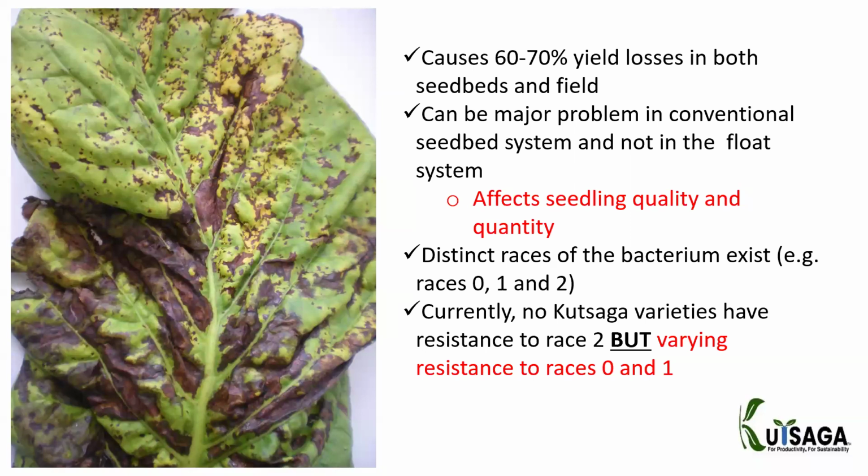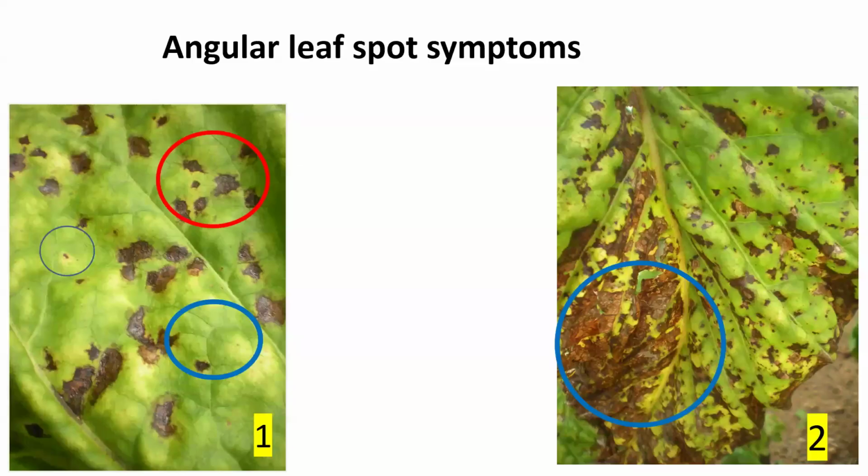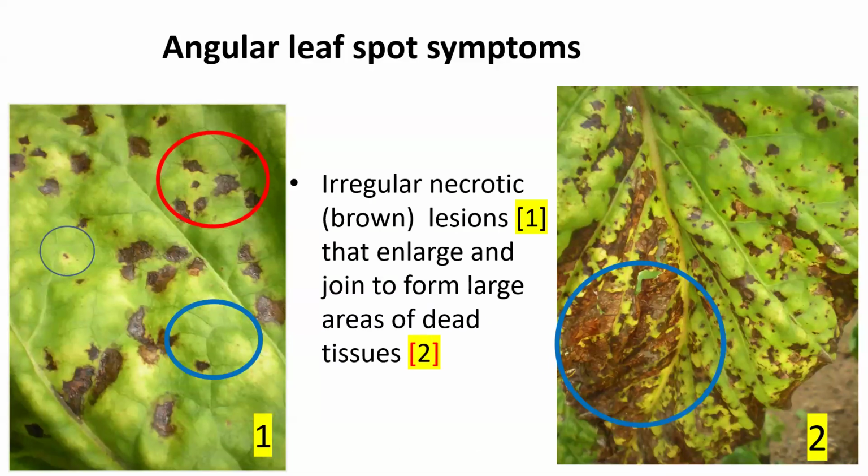What are the symptoms of angular leaf spot? On my left, we have some spots, those irregular necrotic spots. They start off very small, and then over time, they enlarge. And ultimately, they can join together to cause those brown patches that you see on the right.